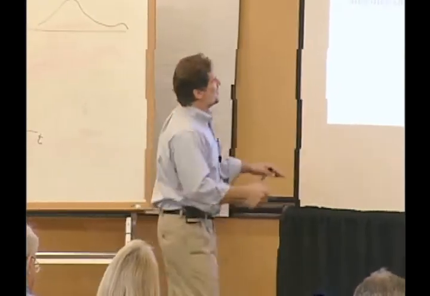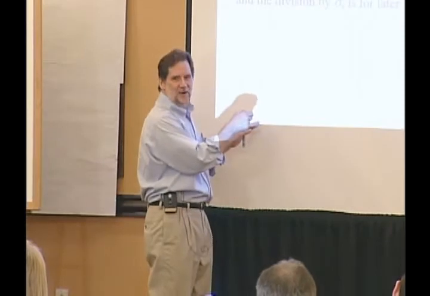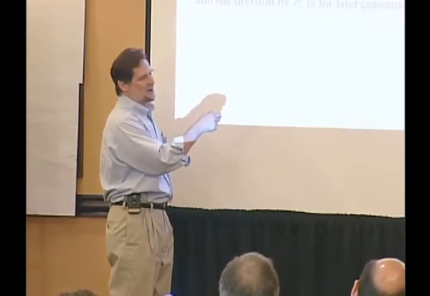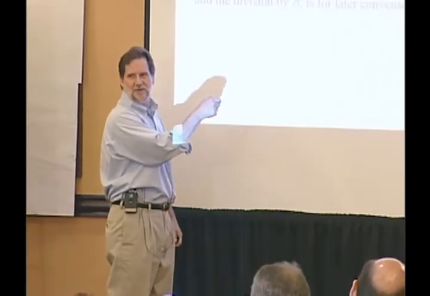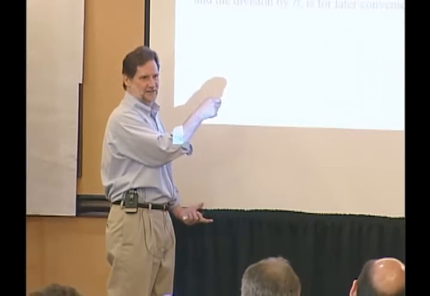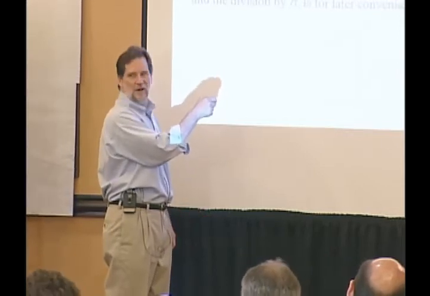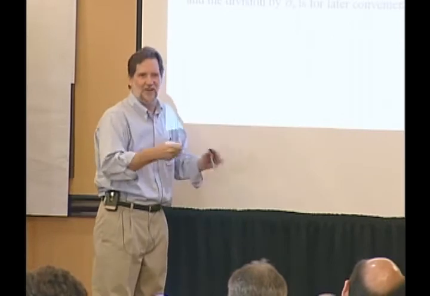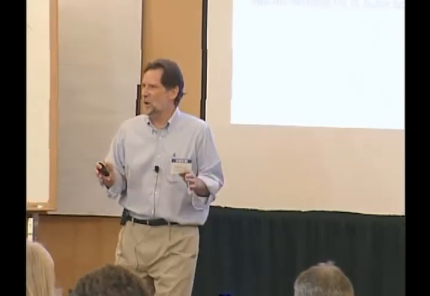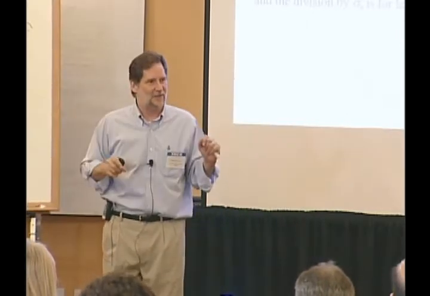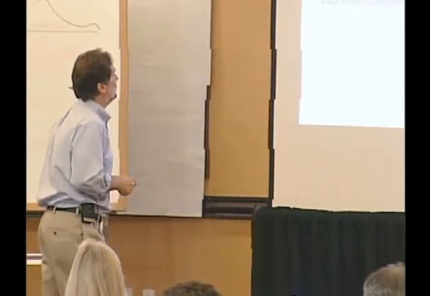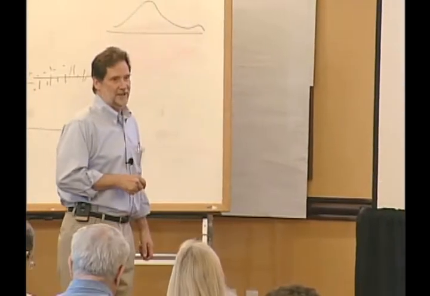So we have to reinterpret this as the sum as t goes from 1 to sample size, divided by the square root of sample size. So I just have to tell you what I mean by sample size. Okay, so that's what this slide is.